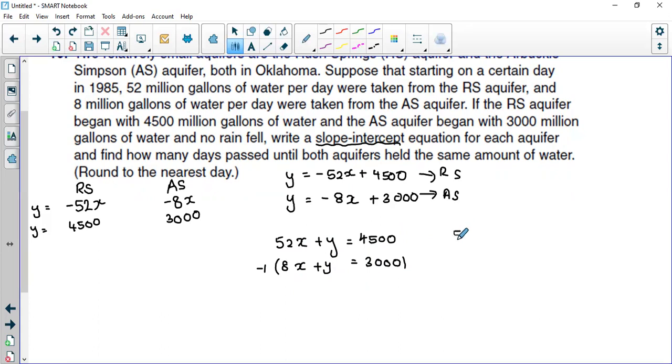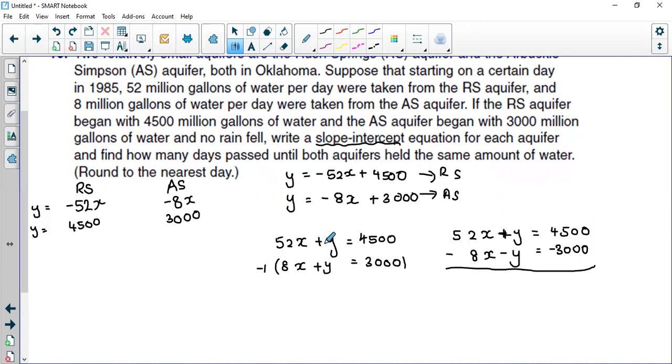If I multiply that with a negative 1, that would give me negative 8x minus y equals negative 3,000, because that will totally change all the signs here. These are called systems of equations, which you will be learning very soon. So it's better you watch at least and have an idea.